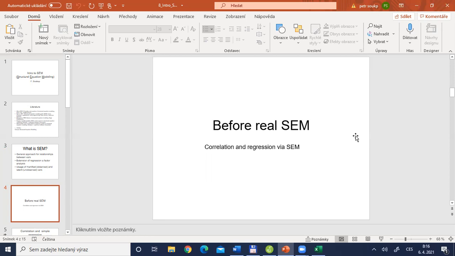So we will be using a special programming language, and this language in JASP is based on a well-known package, lavaan, which is prepared for structural equation models. So this first introduction will also be devoted to the lavaan package and its command syntax.